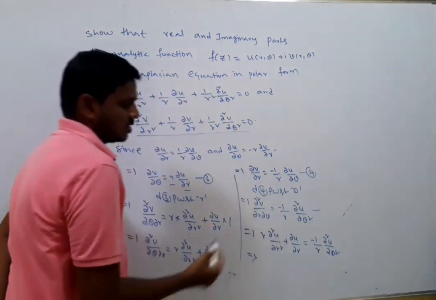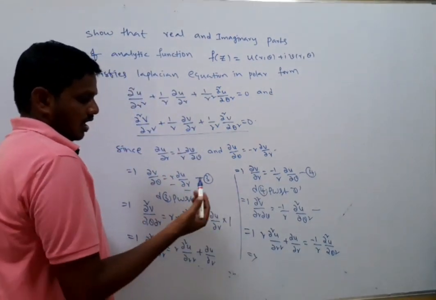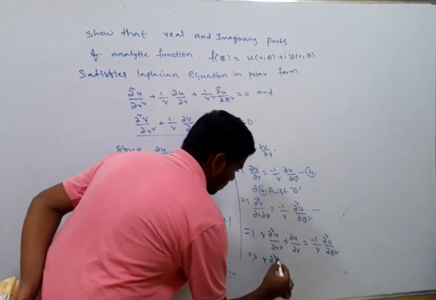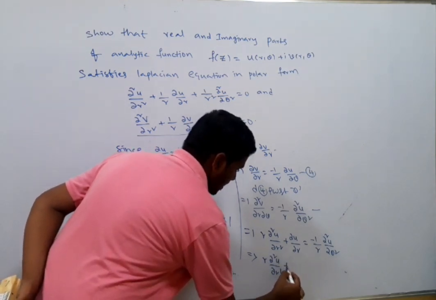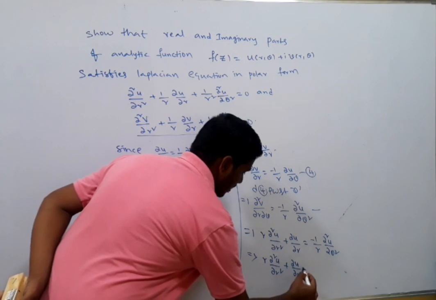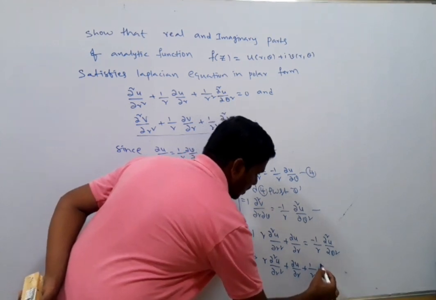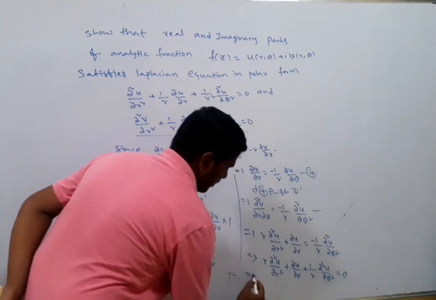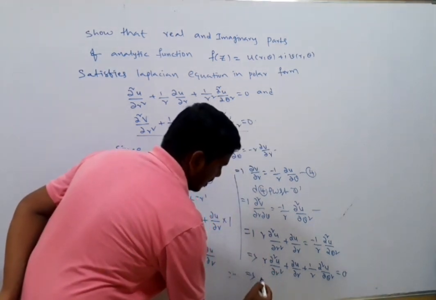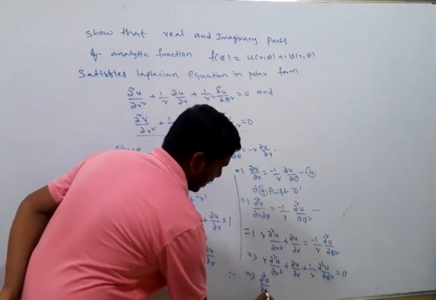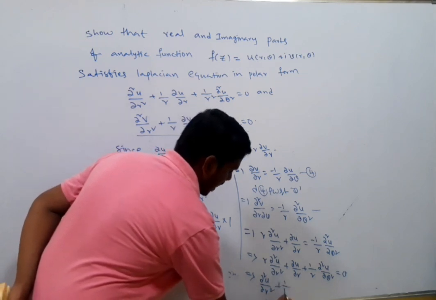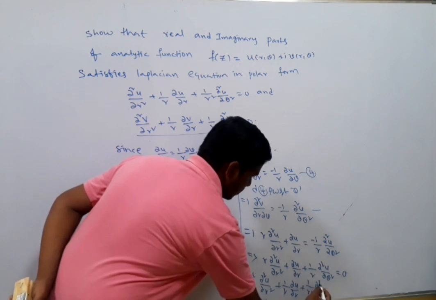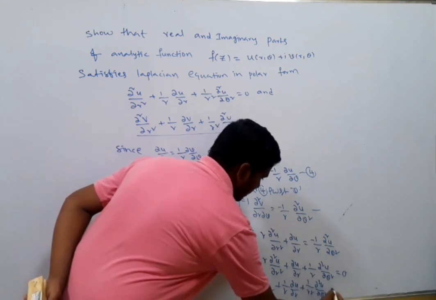Taking the term to the LHS, we have r ∂²u/∂r² plus ∂u/∂r plus (1/r) ∂²u/∂θ² is equal to 0. Dividing by r on both sides, ∂²u/∂r² plus (1/r) ∂u/∂r plus (1/r²) ∂²u/∂θ² is equal to 0.